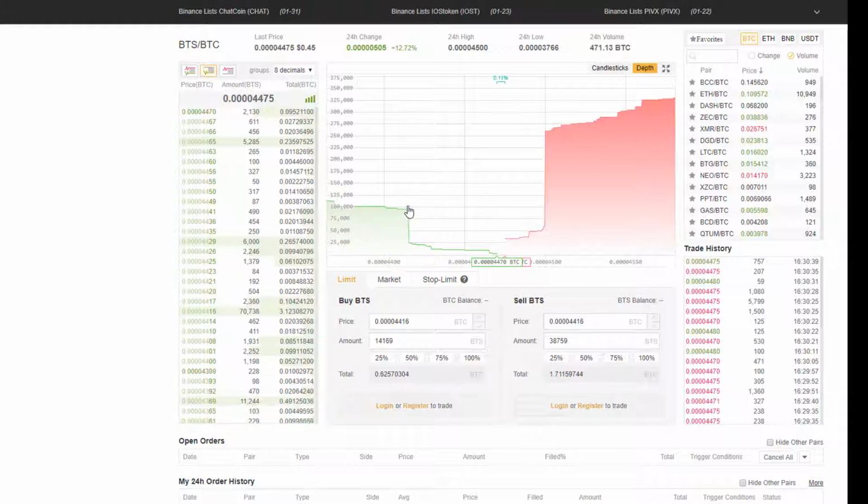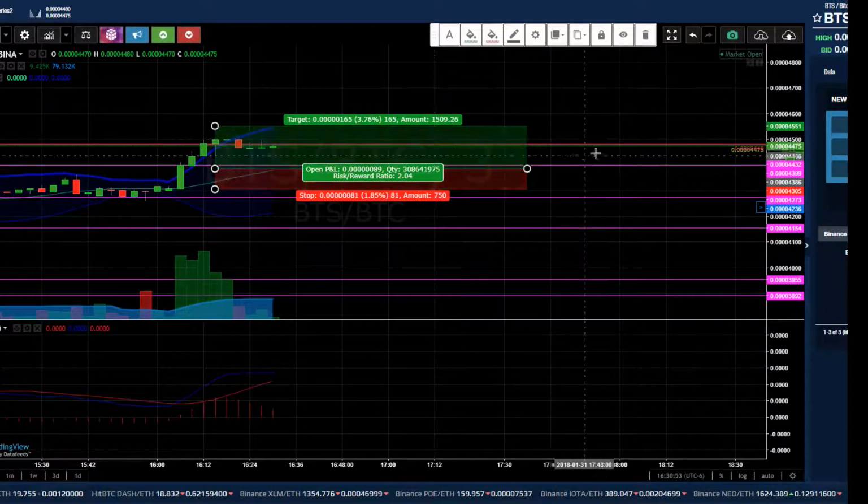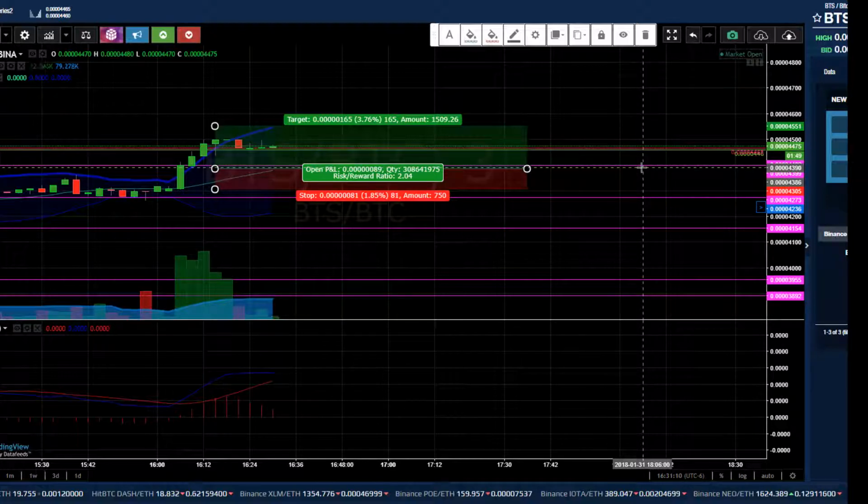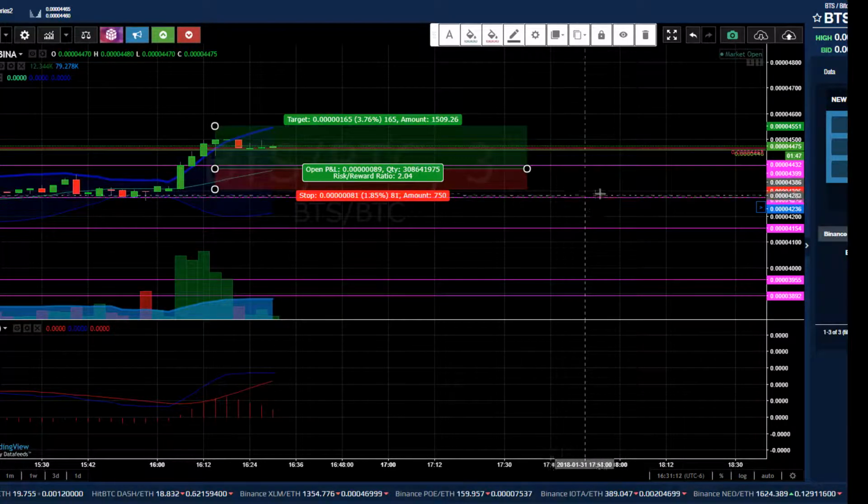I'd have to look at this here and do the same thing. I'd have to go to 44.14, which is right here. 44.14, which is, well, we're talking the same place. So I'd have to put my entry at 43.88. So I put my entry at 43.88.